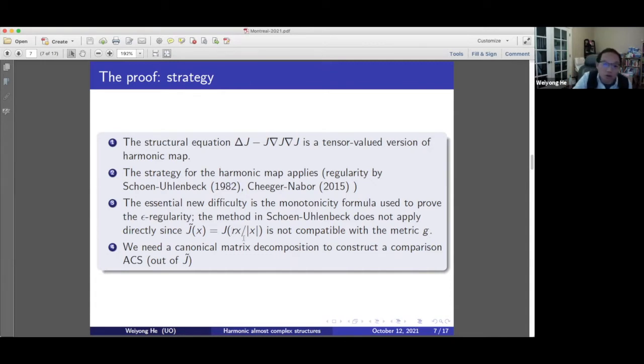So that's all okay. Once one has this comparison almost complex structure, plugging in the energy minimizing condition, one gets a monotonicity formula. The trouble here is that this comparison almost complex structure is not compatible with the background metric g, because you change the points. So we need to somehow modify this construction. That's the really new difficulty, and also the adaptation of the method to this almost complex structure setting.